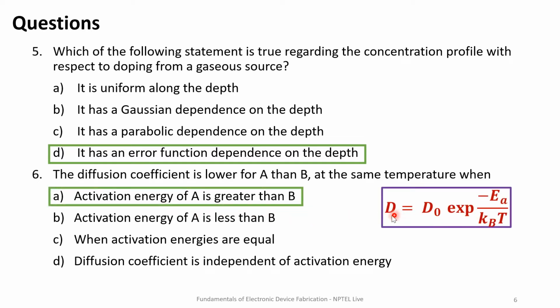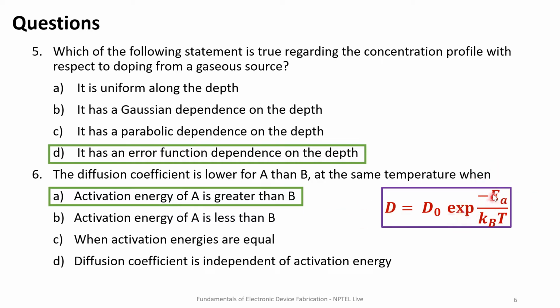So here see the particular equation is D is equal to D0 exponential of minus EA by KB into T. Here T is constant for both A and B. So we won't consider T. KB is a constant. D0 is the pre-exponent. That is also a constant. So only thing that varies over here is one is D, one is EA. So diffusion coefficient of A is lower than that of B. So D of A is less than D of B, which means that EA should be greater.